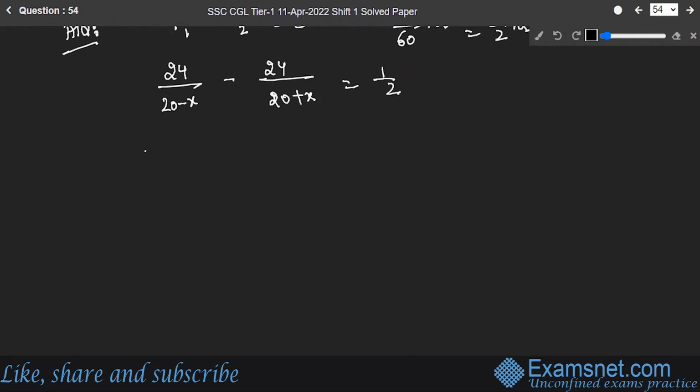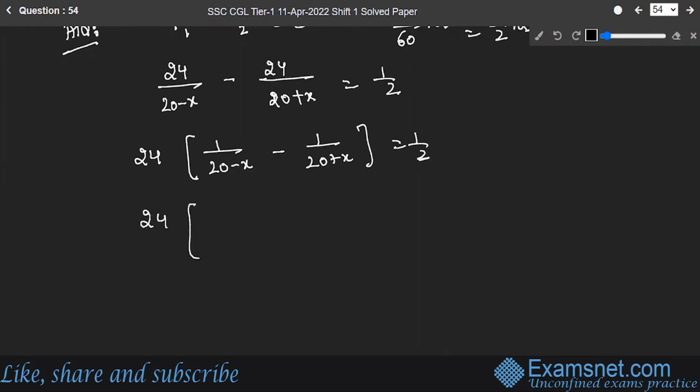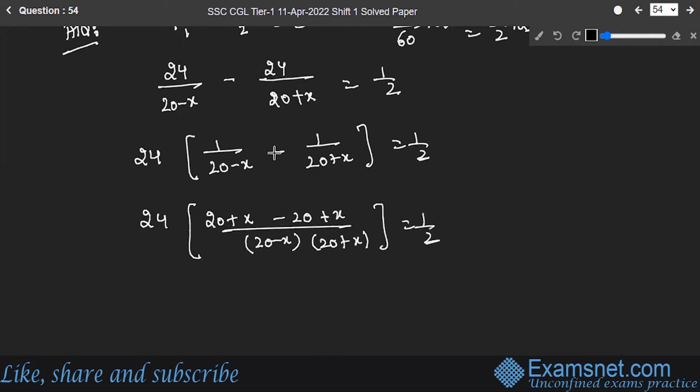Right? I'll take the 24 common from here. So this will be 1 upon 20 minus x minus 1 upon 20 plus x is equal to 1 by 2. 24 common, 20 plus x minus 20 plus x upon 20 minus x into 20 plus x is equal to 1 by 2.